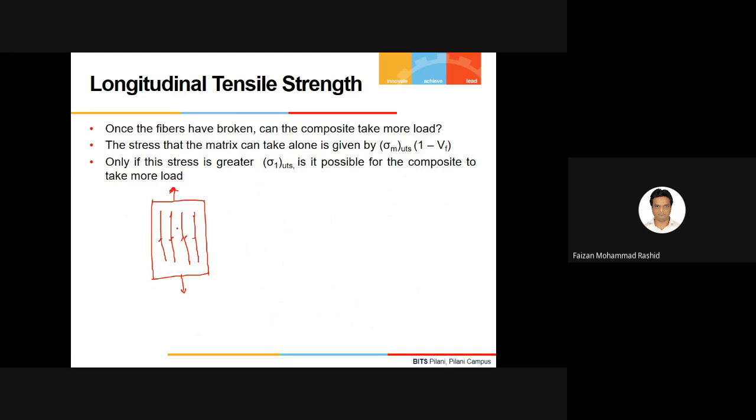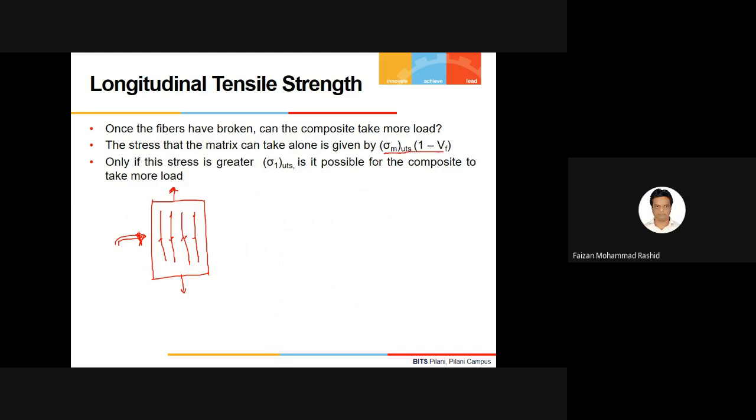So what will happen if all the fibers fail? Do you think the composite material as a whole will fail, or will the composite material still be able to bear some load? This was the question actually. In the situation when the fibers are broken, what will be the role of the matrix alone there? When the fibers are not there, the stress that the matrix can take will be this much maximum stress.